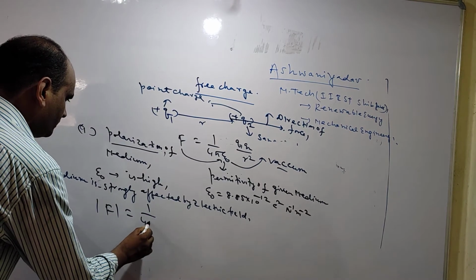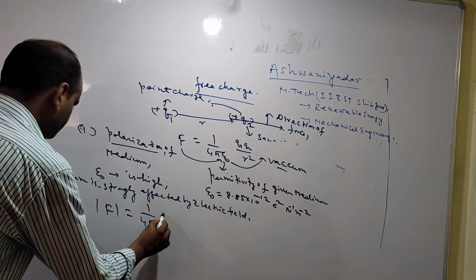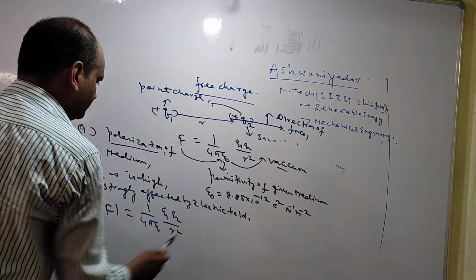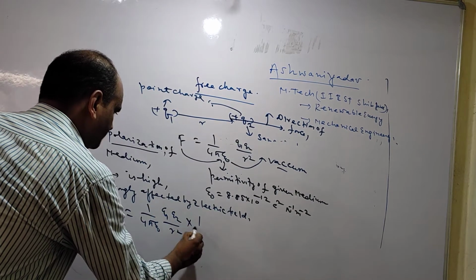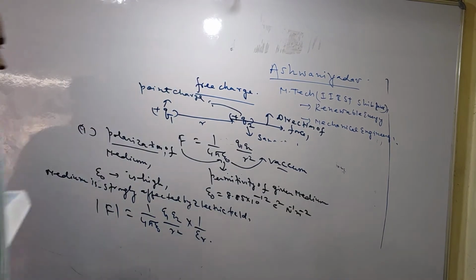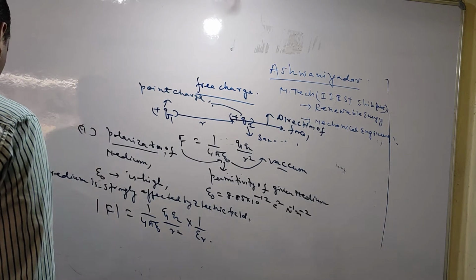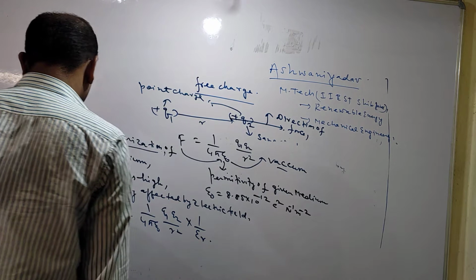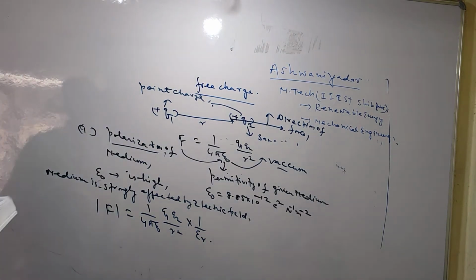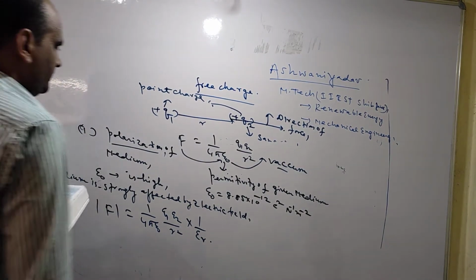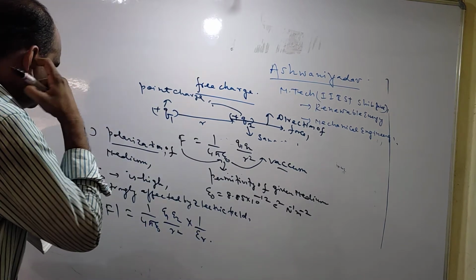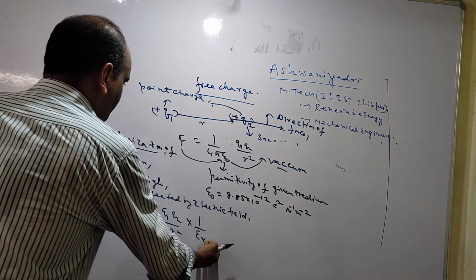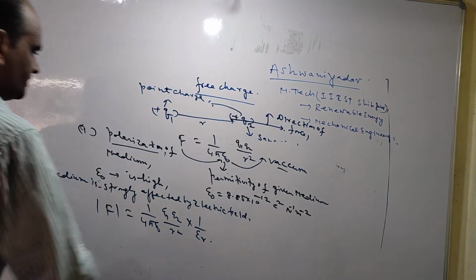1 by 4 pi epsilon naught q1 q2 by r square. This is the same thing, but with one factor, 1 by relative permittivity. This is the relative permittivity of the medium. So the force will be modified by this much if you keep the charges in a medium.